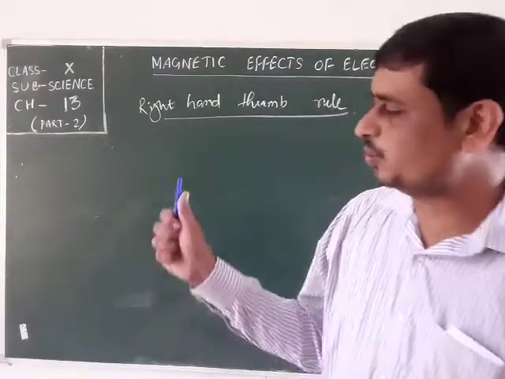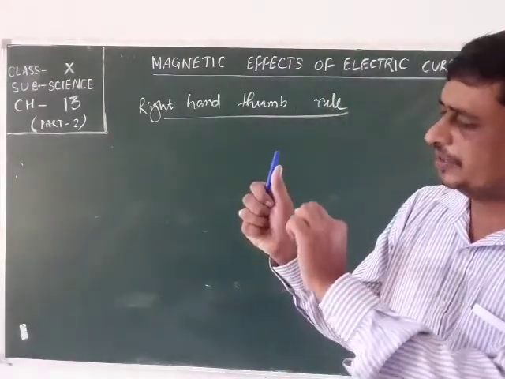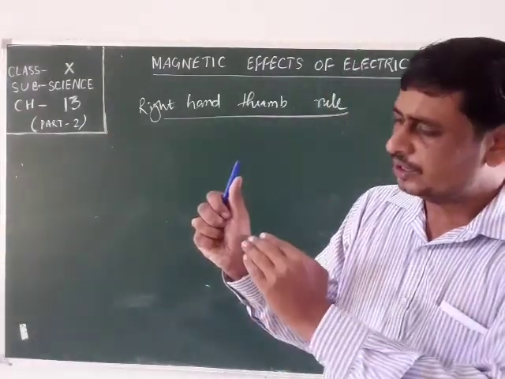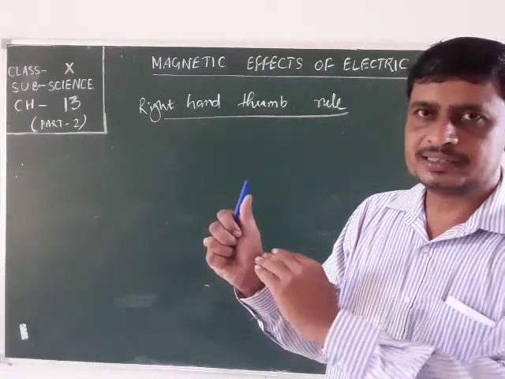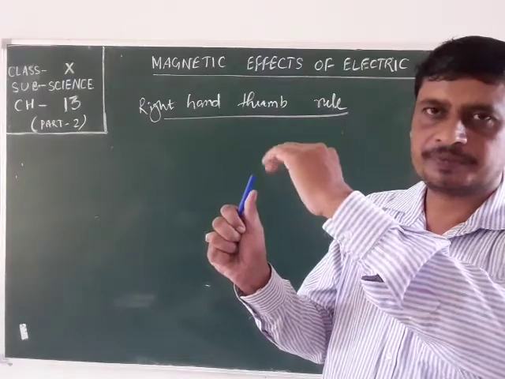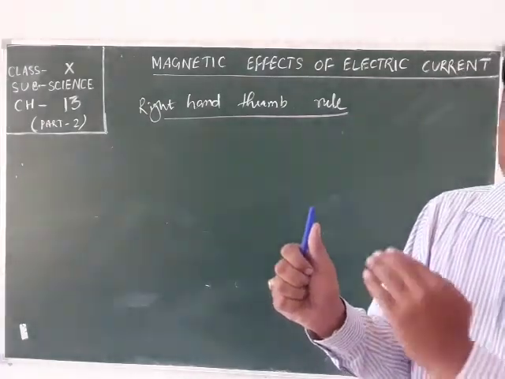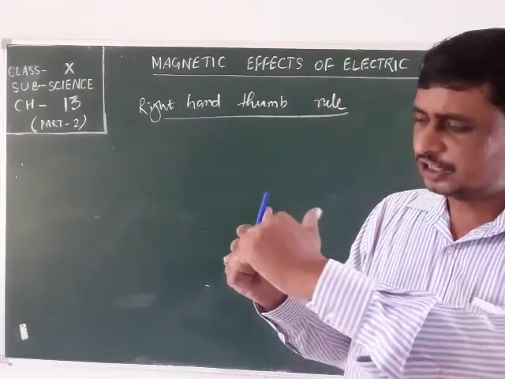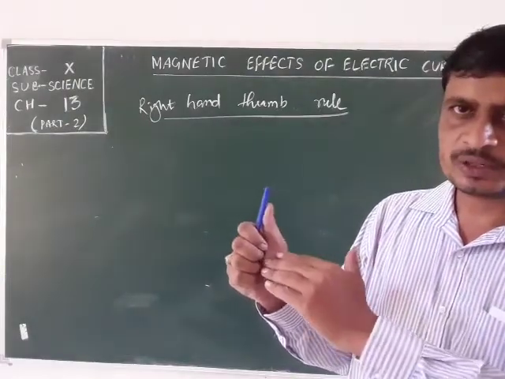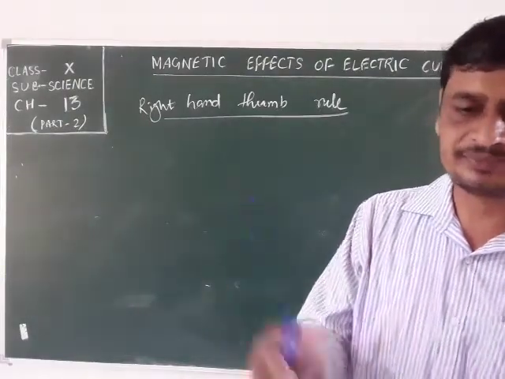So when we are holding the straight conductor, if the current moves from bottom to top, that is, when the direction of current is upward, then the curling of the other fingers shows anti-clockwise.